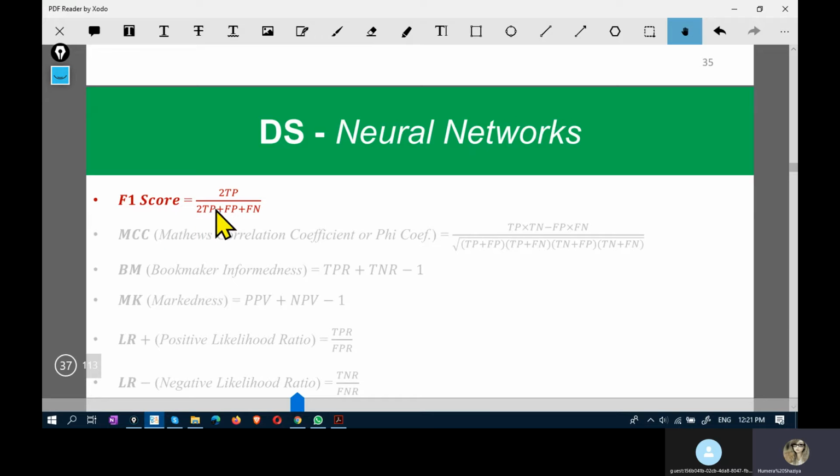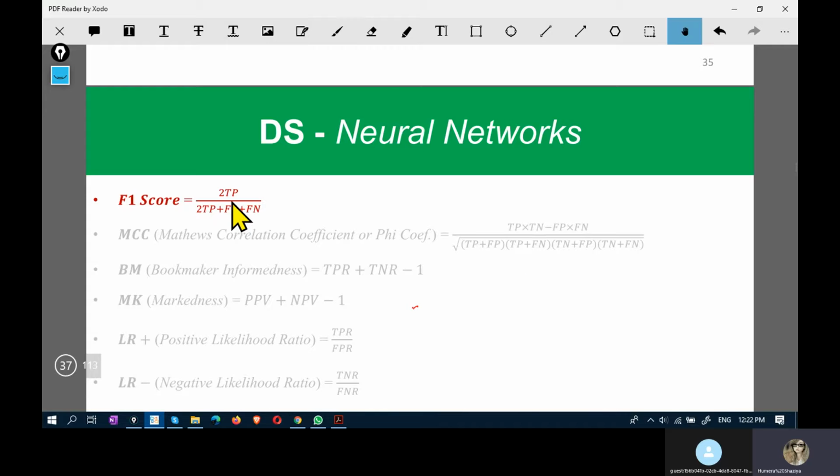F1 score. F1 score is pretty important because F1 score will give you precision and recall. The middle value of precision and recall, you can say in simple words, is the F1 score.